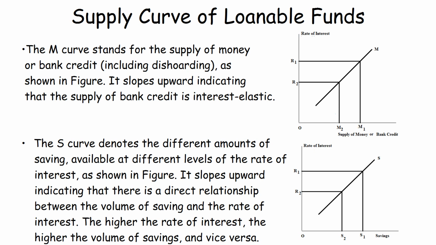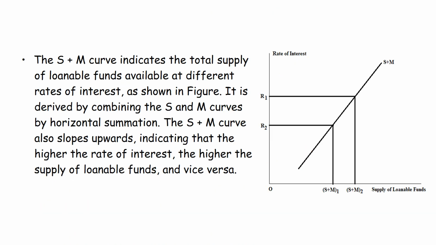In the second diagram, the S curve denotes the different amounts of saving available at different rates of interest. It slopes upward, indicating that there is a direct relationship between the volume of savings and the rate of interest. The higher the rate of interest, the higher the volume of saving, and vice versa.